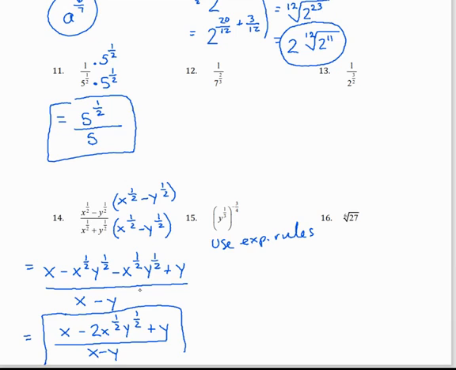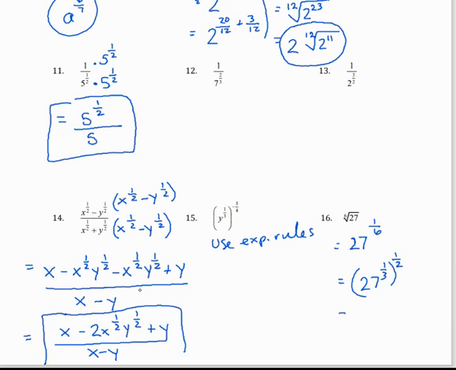So if I recall, the 6th root of 27 is really the same thing as 27 to the 1/6. Well, 27 to the 1/6 is also the same thing as 27 to the 1/3 to the 1/2. Because power to a power, we multiply. 1 times 1 is 1, and 3 times 2 is 6.